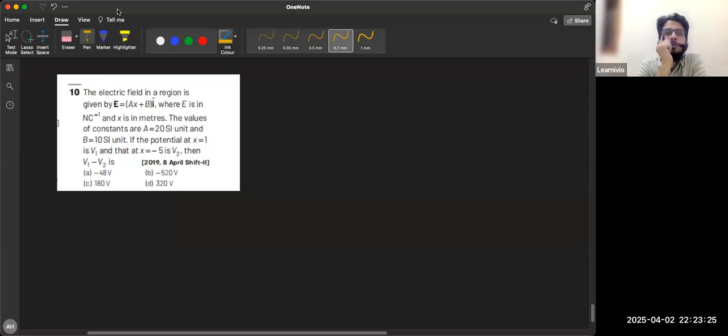Let's solve this together. Electric field E is given, and you're supposed to calculate V1 minus V2.